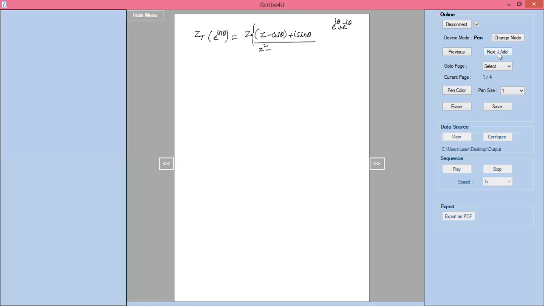If you add both, you will get 2 cos theta.